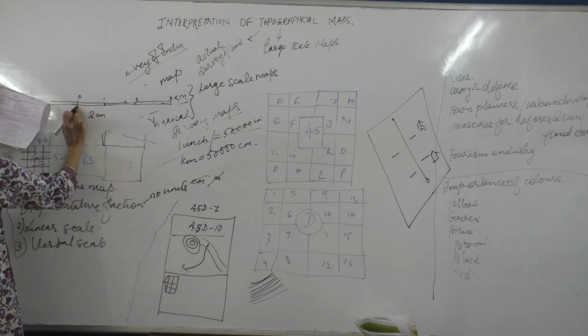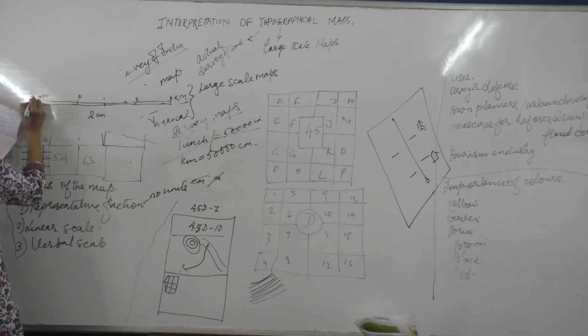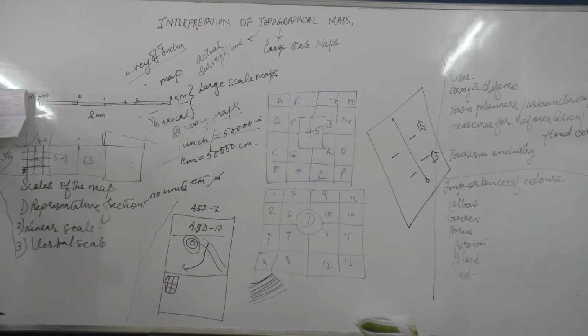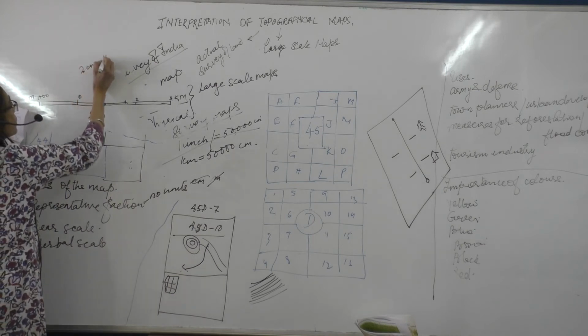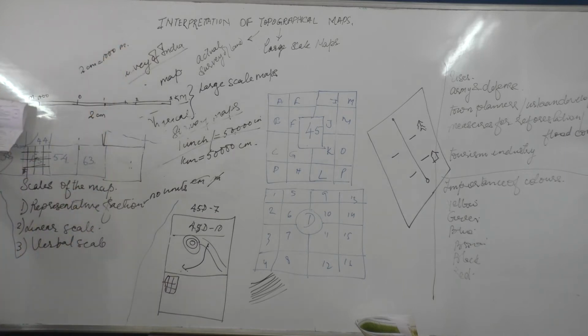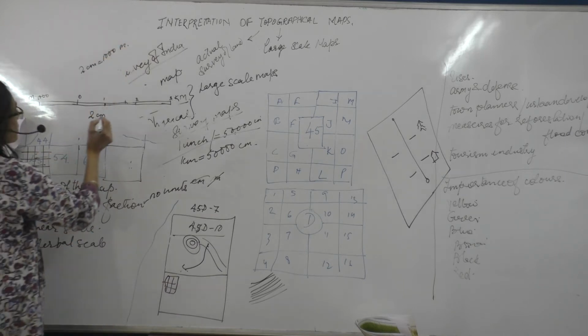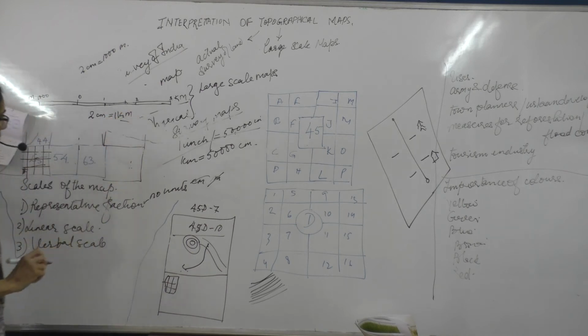The 0 is kept in the center, and on this side it is written meters, 1000 meters. 2 centimeter is equal to 1000 meters, or 2 centimeter is equal to 1 kilometer. Okay? So that is the linear scale.